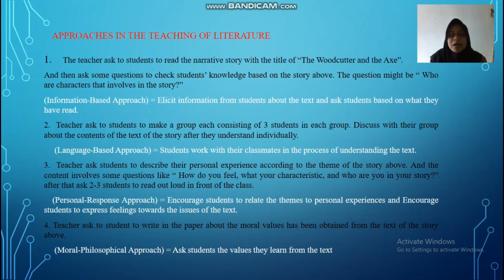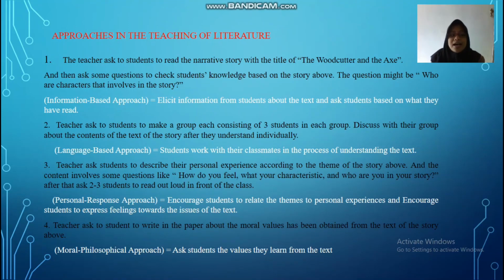And next, number 3, the teacher asks students to describe their personal experience according to the theme of the story above. The content involves some questions like, how do you feel? What's your characteristic? And who are you in your story?